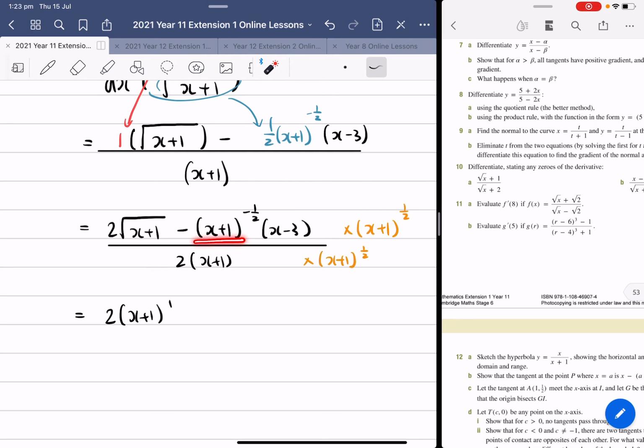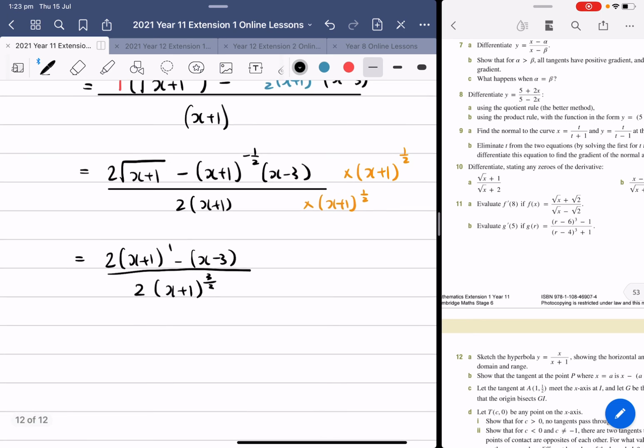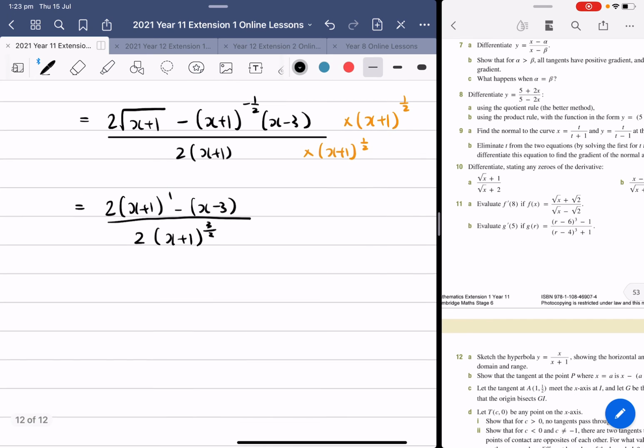The term here disappeared, so minus (x minus 3) over 2(x plus 1) to the power of 3 on 2. I prefer to write it in terms of a fractional power instead of a square root. Of course, feel free to write it into square root if you want to.